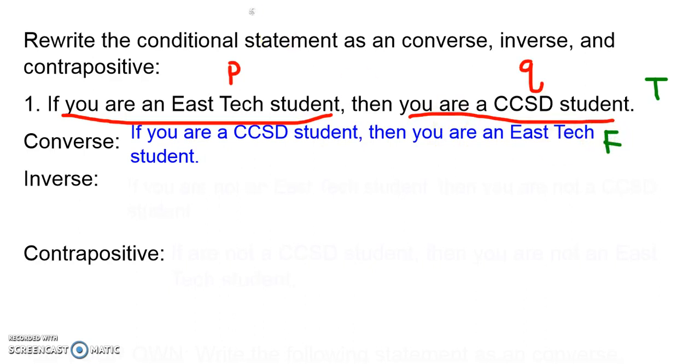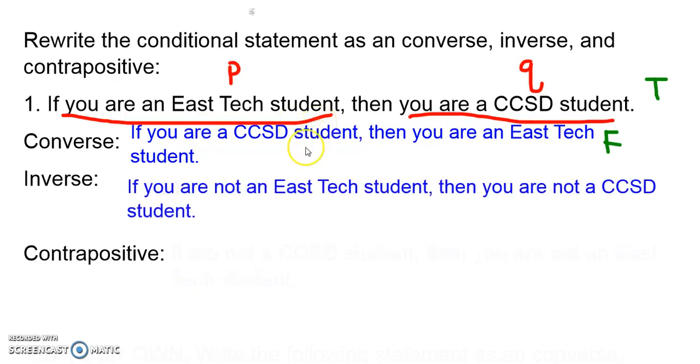Then we'll get to our inverse. Remember, we keep them in place, but we negate them both. So if you are not an East Tech student, then you are not a CCSD student. Well, what do we think about this? Is this true? Could I be not an East Tech student but still a CCSD student?